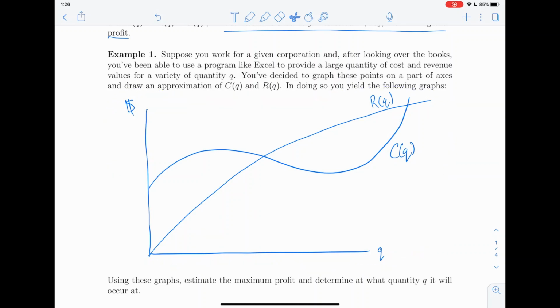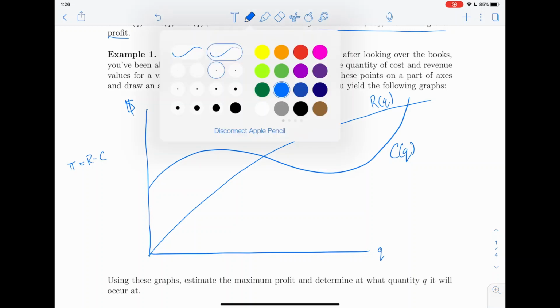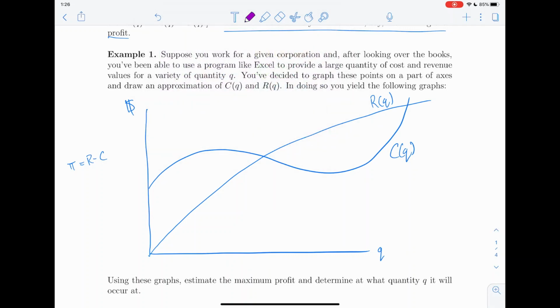Profit, remember, is equal to revenue minus cost. So for example, if I looked at, say, we'll use a different color, this point in time, maybe this is Q equal to 40, notice that the cost of making 40 units is all the way up here, and the revenue after making 40 units is all the way down here.